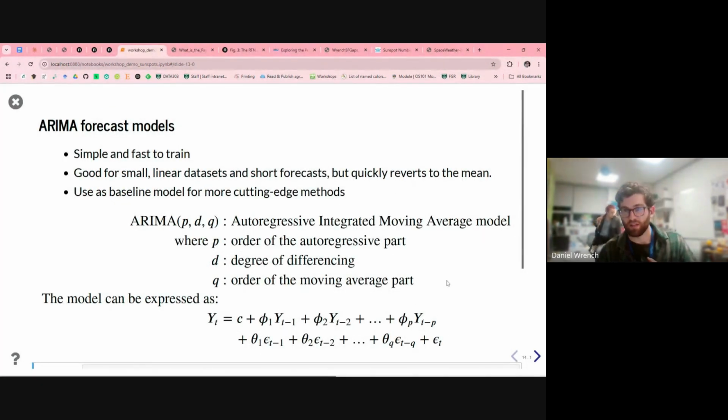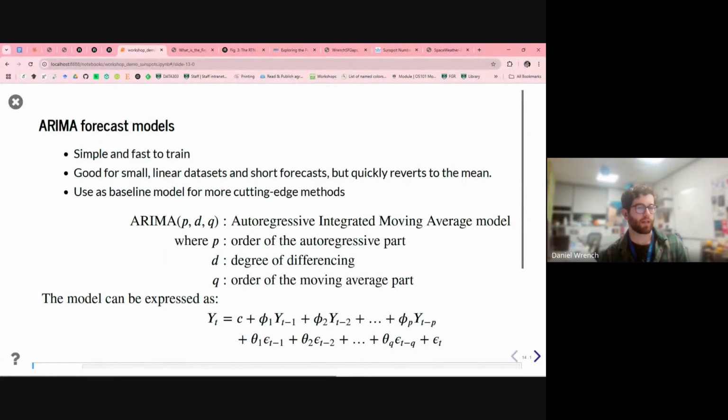But before we get into the fancy neural network, we'll start off with the most common fundamental statistical forecasting model, which is what's called an ARIMA model. ARIMA stands for Autoregressive Integrated Moving Average, as you can see here. Let's look at what each of those terms means.